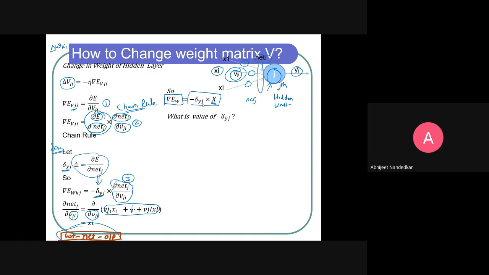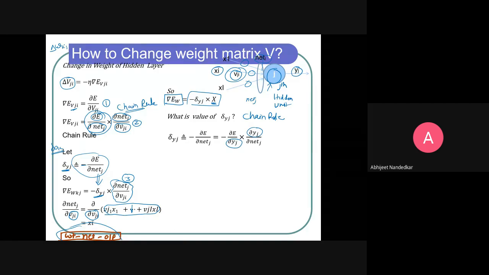Now again, how to find delta Yj? You can compute it using the chain rule again. Earlier we used the output as the intermediate variable. The same thing we are going to do here. This delta yj definition we know from the previous step, so replace that using the intermediate variable output yj.